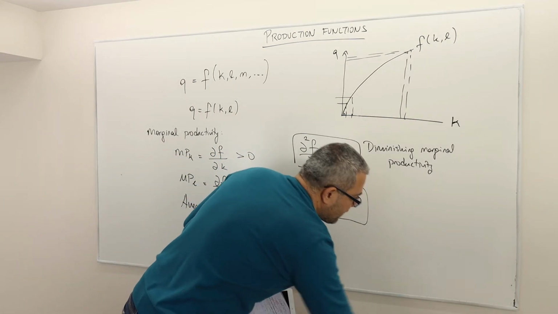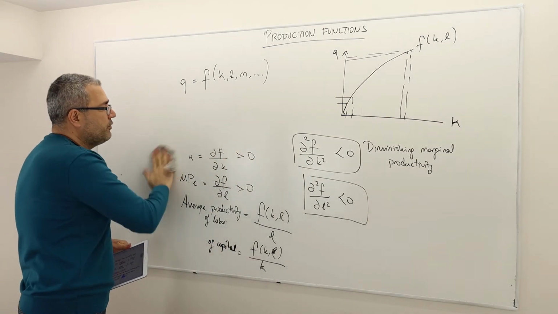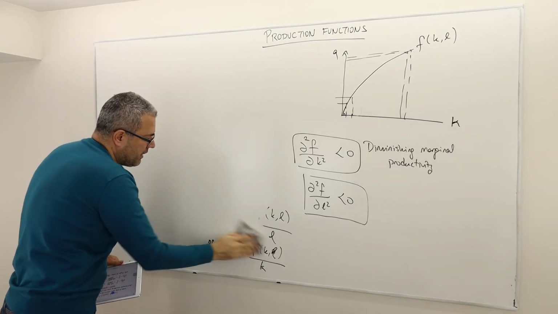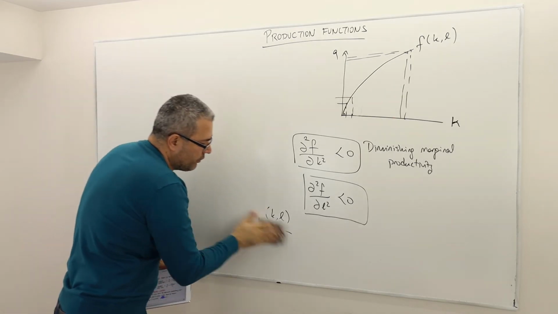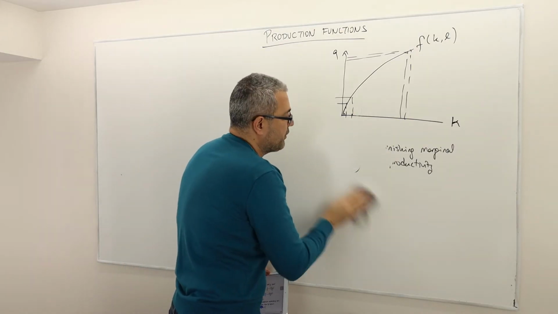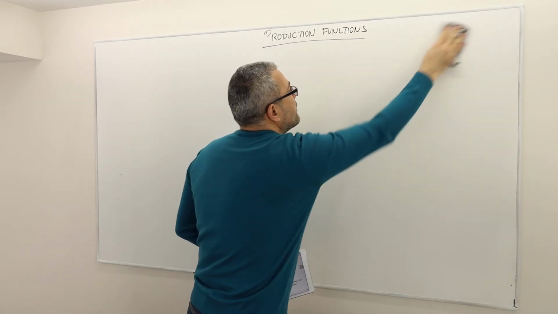Well, what is next? Very similar to the idea of indifference curves, we are now going to talk about level curves for production function. Why do we need the level curves for production function?